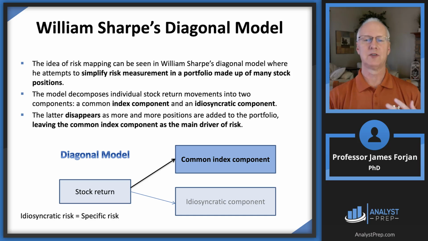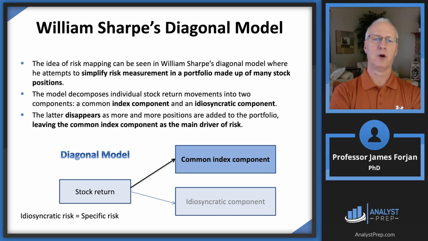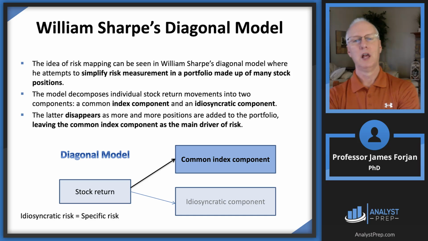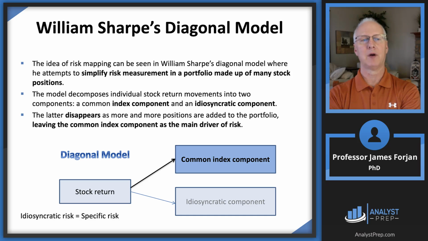Now let's take a step back and revert to our very introductory investment days when we started with Harry Markowitz and the efficient frontier, and then William Sharpe developed the capital asset pricing model. And then we learned that total risk of a portfolio can be divided into 2 components, right? This is how I learned it back in my graduate school days: systematic risk and unsystematic risk.